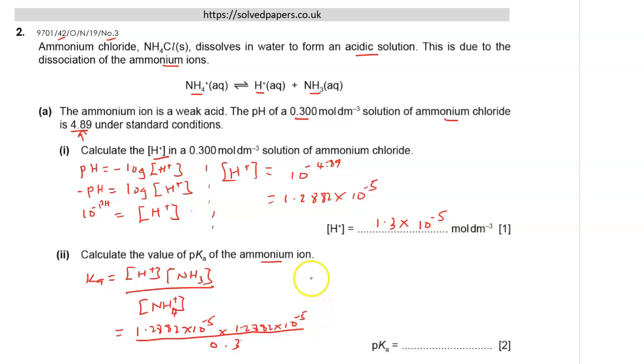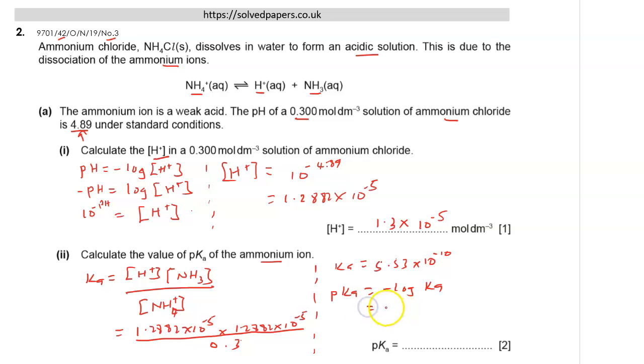0.3. And the correct calculation will give you 5. Let me write it here. Correct calculation will give us Ka is equal to 5.53 times 10 raised to power minus 10. And therefore, to get pKa, it is basically the negative log of Ka.